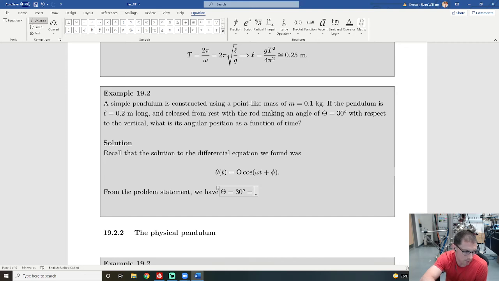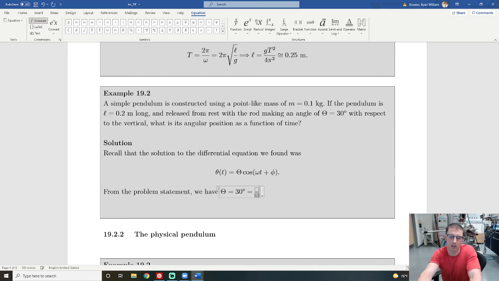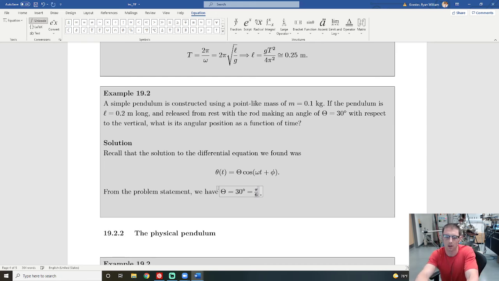Pi radians is 180 degrees. Sorry, my mom's calling me. I just saw. I feel bad not answering. Anyway, the point is that this is going to be pi sixths, pi over 6 in radians.